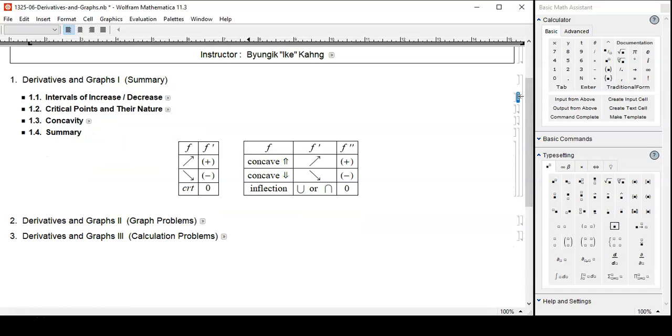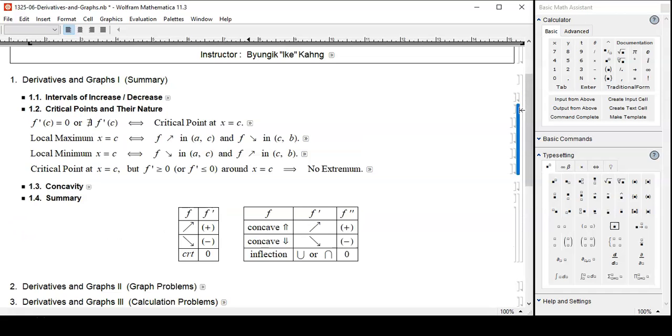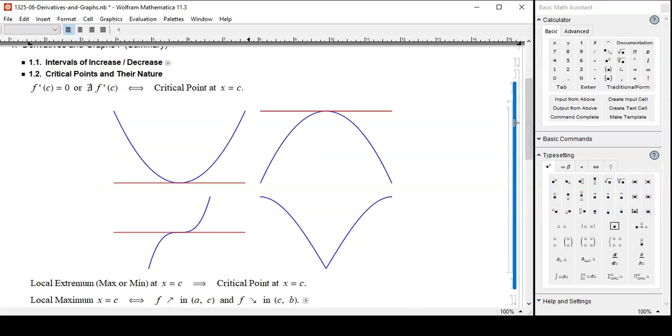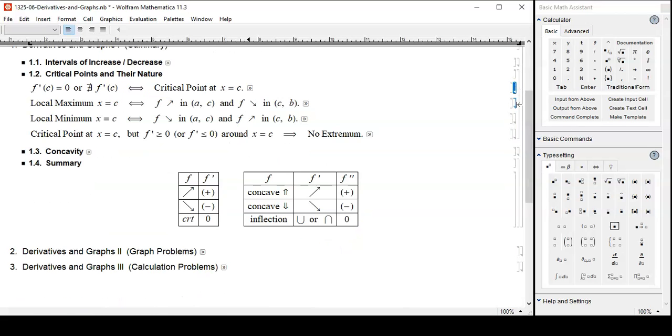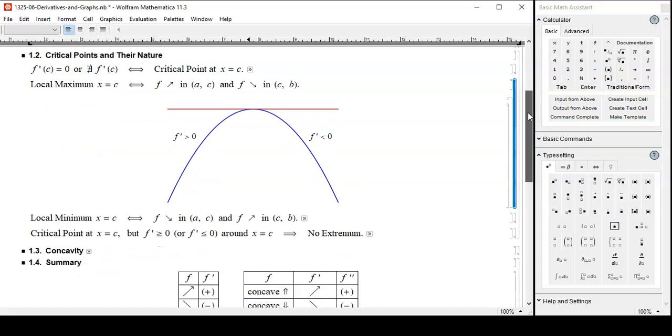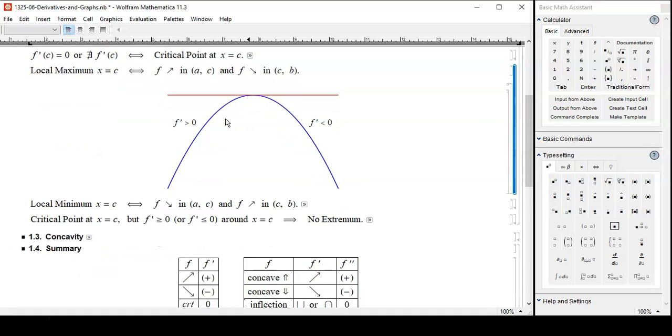Now let's look at the critical point in a little bit more detail. When the derivative is 0 or horizontal tangent, or derivative does not exist at all, cusp or discontinuity, then we have a critical point, and we have some examples like these. Now local maximum takes place like this: increasing, hit horizontal tangent, and decreasing. Graph goes up, hits the maximum, and comes down.